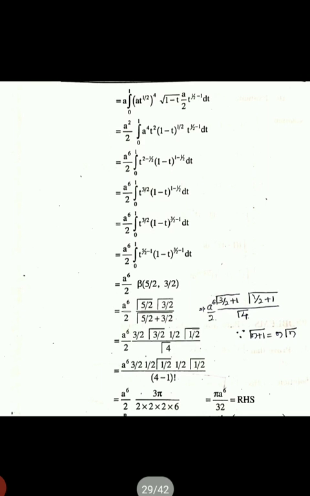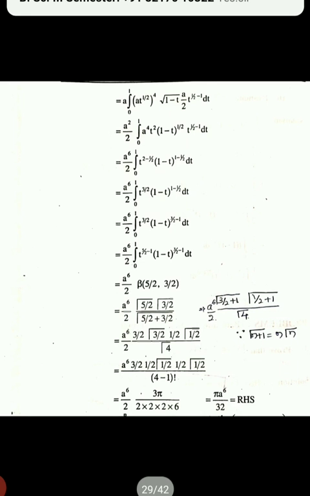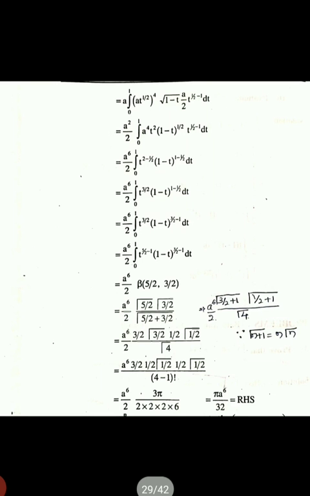Gamma n is equal to n minus 1 factorial, so gamma 4 is 4 minus 1 factorial. See here, in this term the denominator 2 is not printed, make the correction. There are some print mistakes in the textbook.